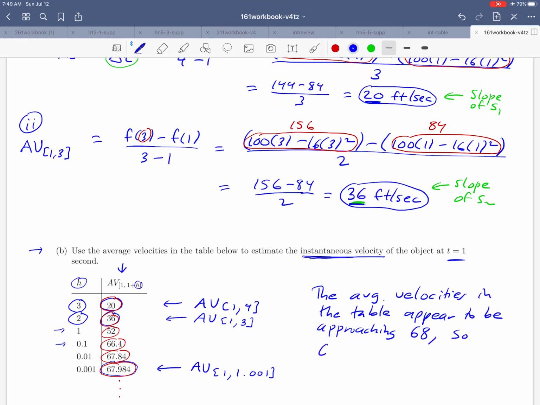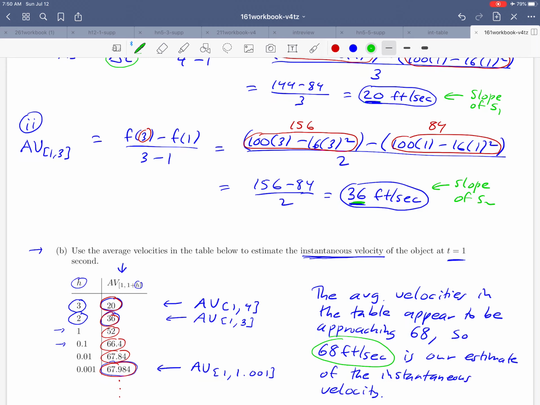And so 68 feet per second is our best estimate of the instantaneous velocity. So the answer to our question is the 68 that we have here.